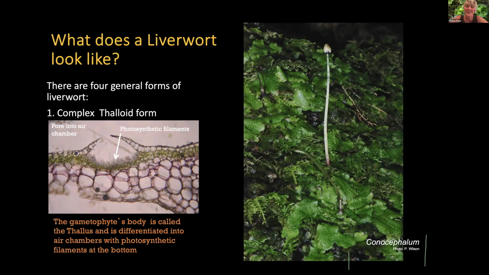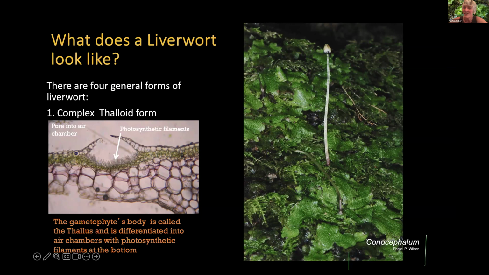The first group that's pretty diverse, and an important group, is probably the one you're most likely to encounter here in Southern California, growing on soils and things: the complex thalloid forms of liverworts. You can kind of see it here in this Conocephalum.